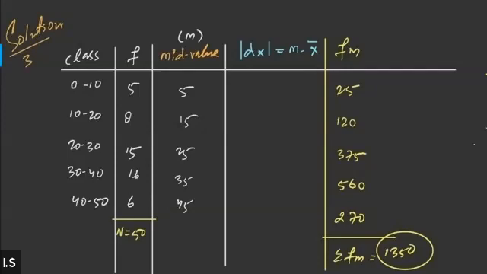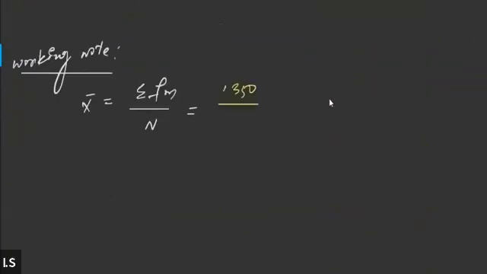So 50 items are there. So we will divide the entire value by 50, hoping that it does not come in decimal. 27 is the mean in this question.